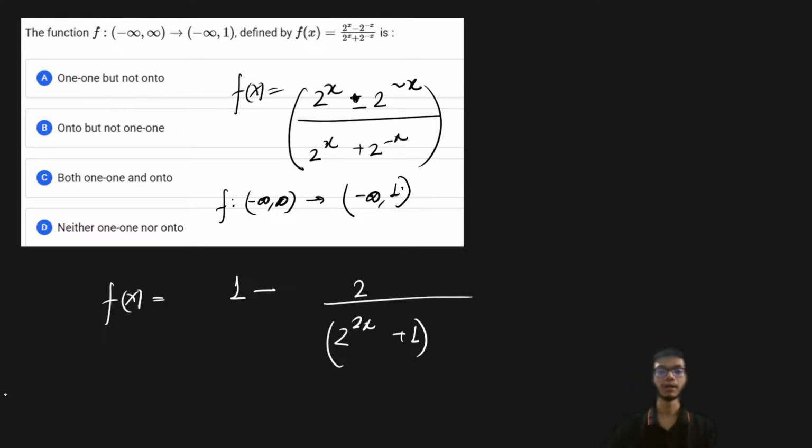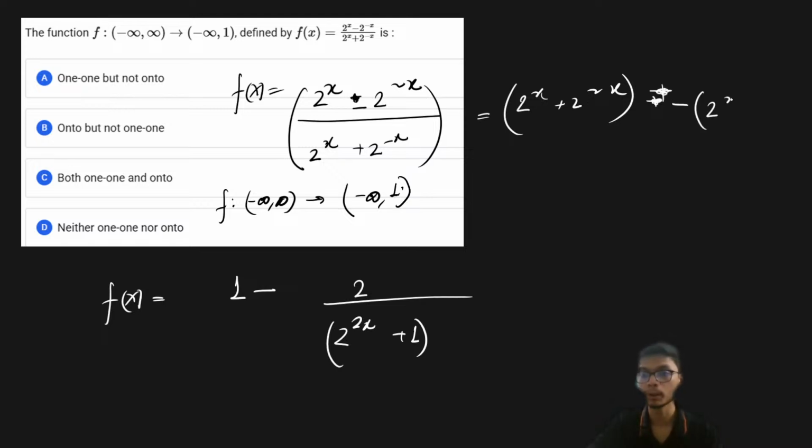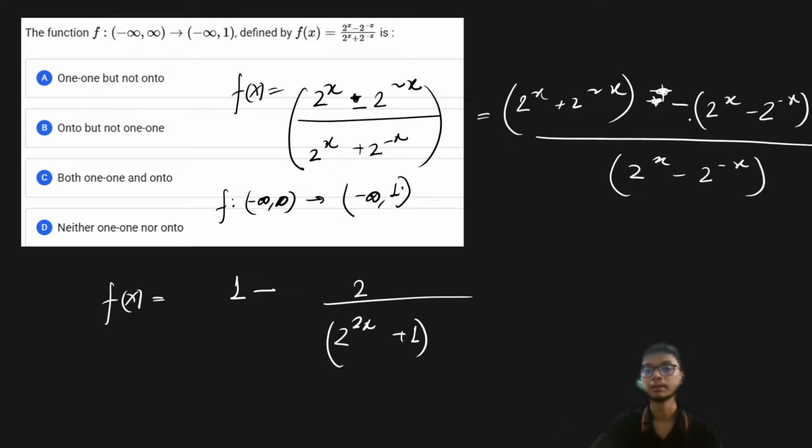This is going to be the expression. I'm just trying to write it as 2 to the power x plus 2 to the power minus x, and if you're adding something, you have to subtract it. So this is the first part, and then minus 2 to the power x minus 2 to the power minus x. That's how we are writing this expression.